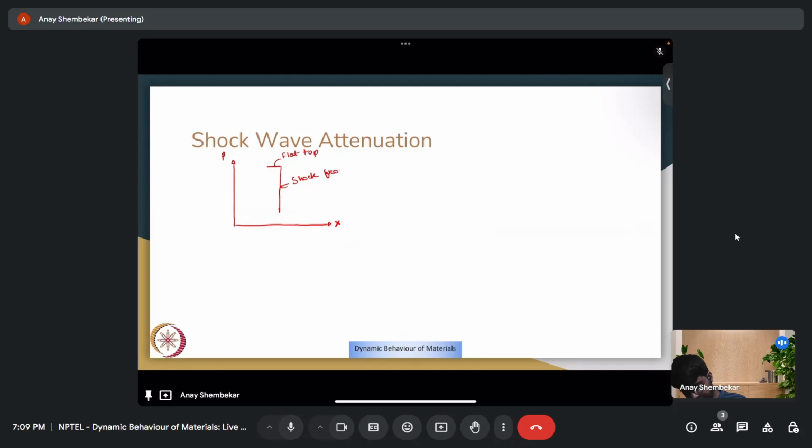The shock front would move with some velocity Us. There is usually an associated elastic precursor, with C naught, the elastic wavefront, and then there is a release associated.